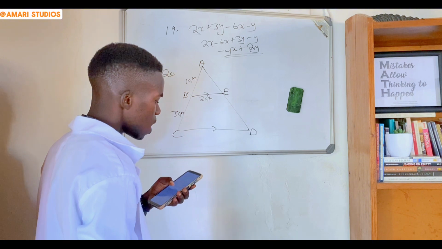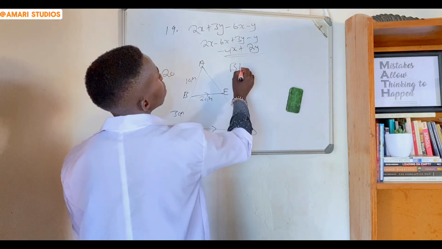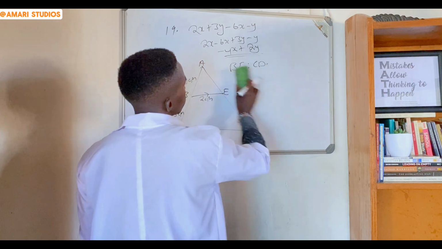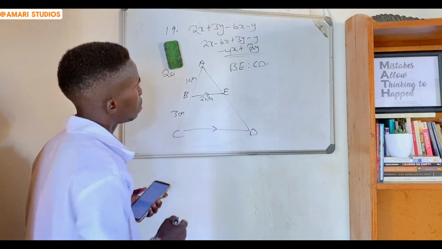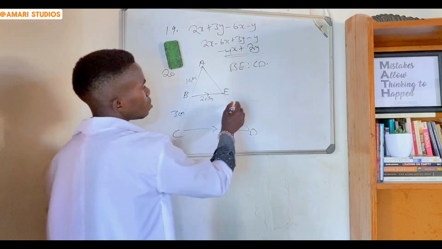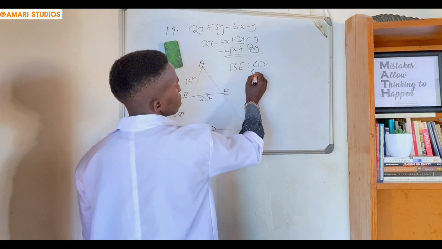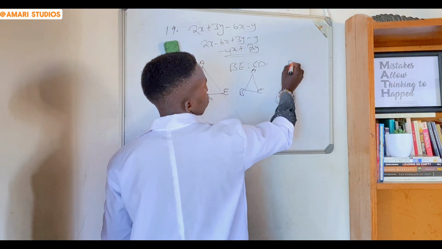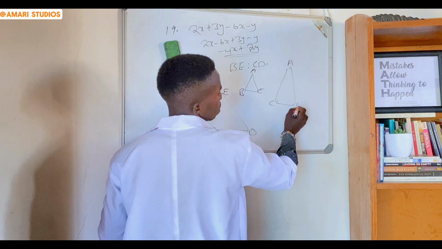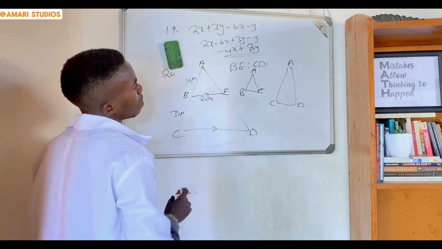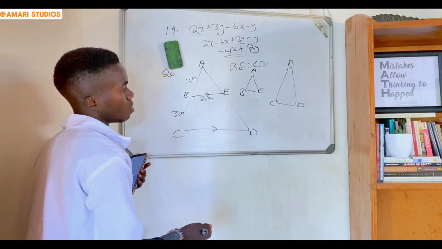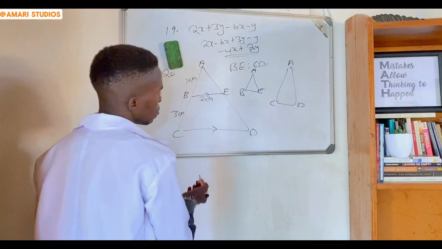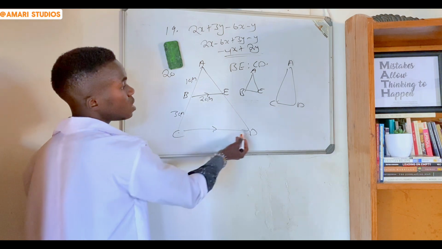The question is saying write the ratio BE to CD. So we are going to separate these two triangles. This is ABE, and then we have another bigger triangle, which is ACD. Now these two triangles are similar triangles.